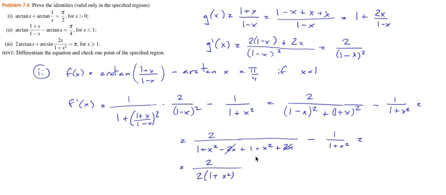You get 2 of this, minus 1 over 1 plus x squared. So this and this cancel out, so you have 1 over 1 plus x squared minus 1 over 1 plus x squared. This is 0. Okay, so this function is constant.